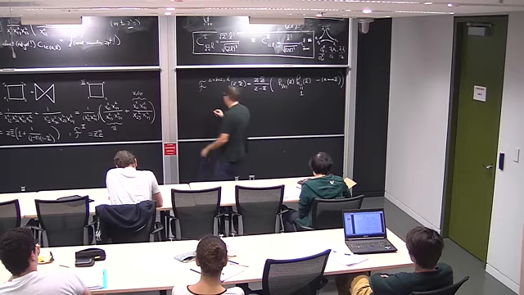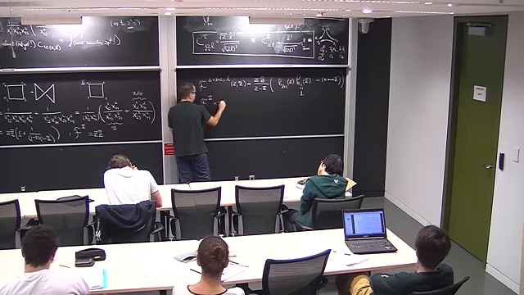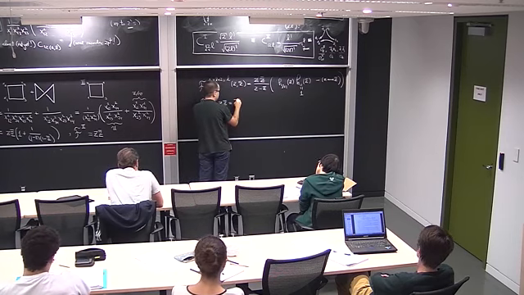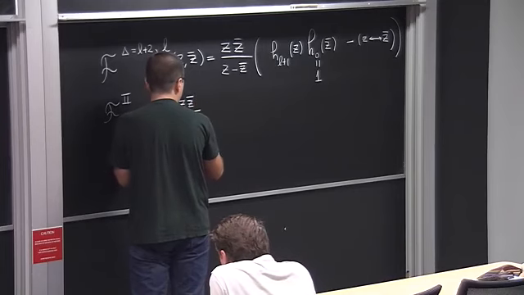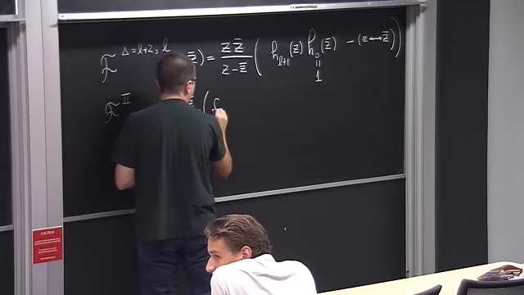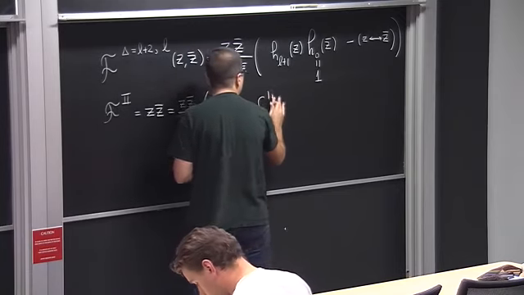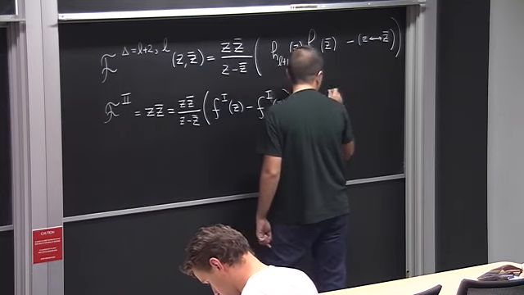And indeed, let's look at the second example. F2, which is equal to z bar. I can indeed write this as z bar over z minus z bar times function 1 of z minus function 1 of z bar. What is this function?